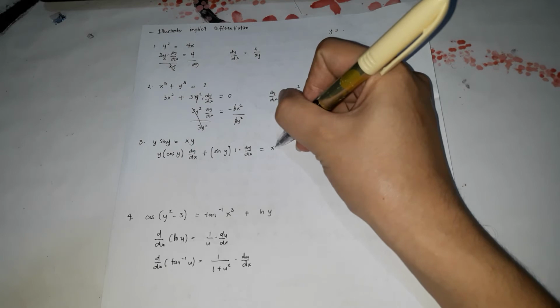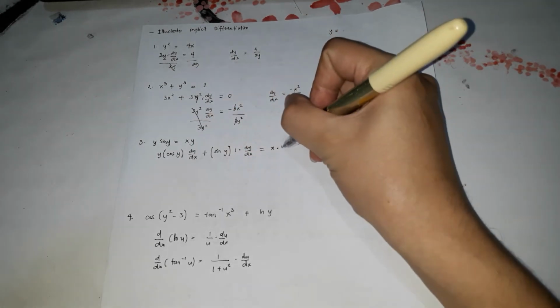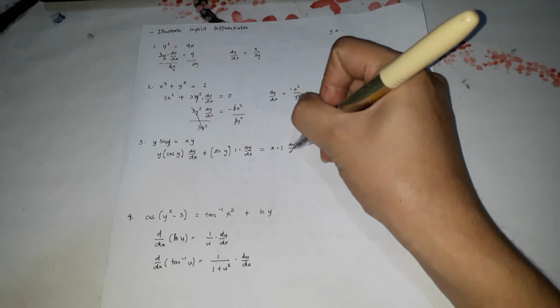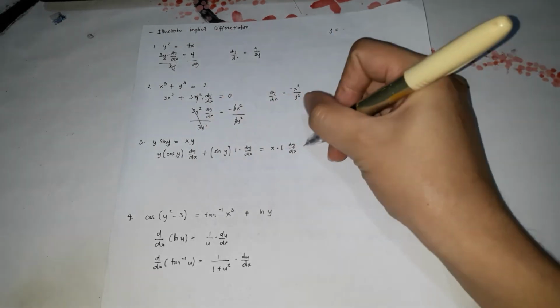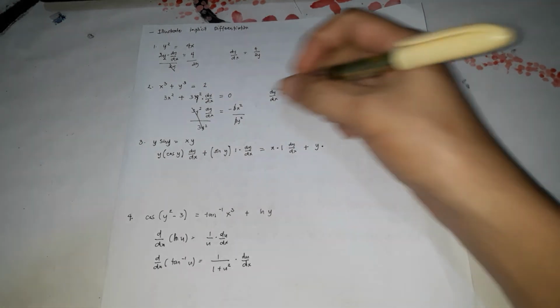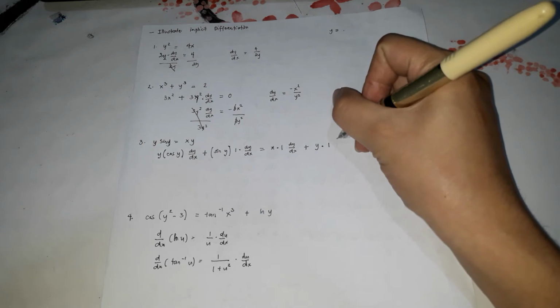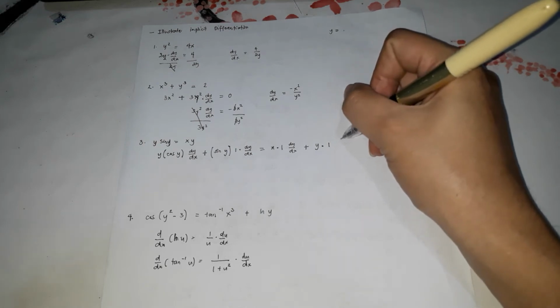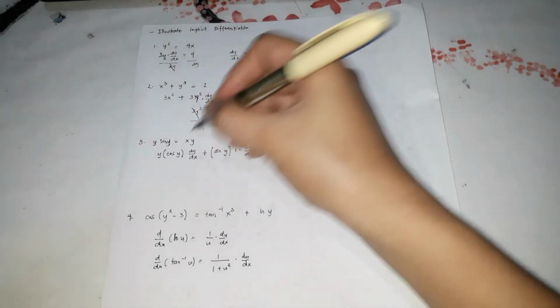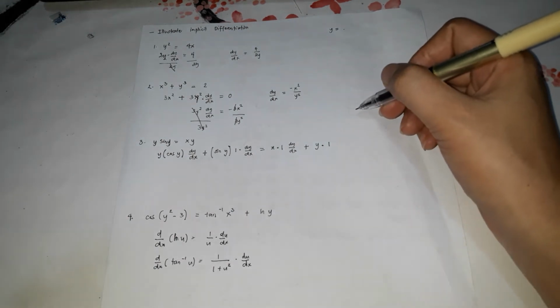Kopyahin mong x times y. What's the derivative of y? It's 1, so dy over dx again, because it's y. Plus, copy ang y. Hanapan mo ng derivative si x, which is 1. Kasi x ang hinanapan mo ng derivative, so you don't need to put dy over dx.